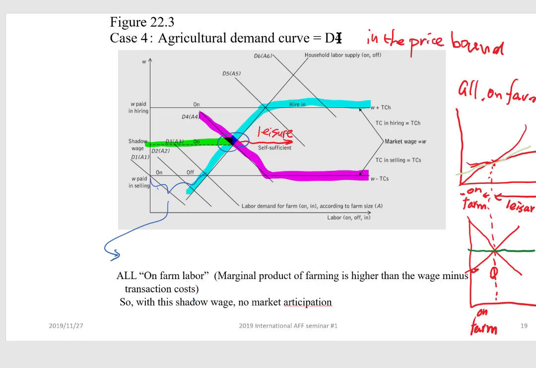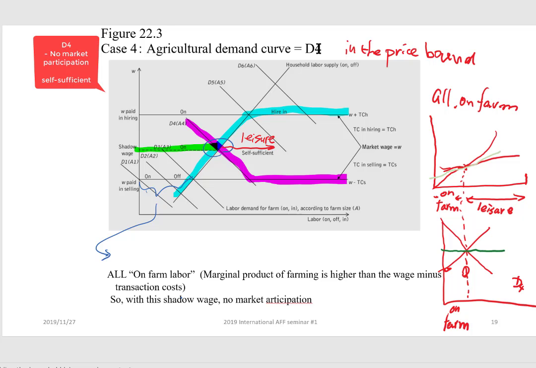Then what about D4? D4 is the focusing point, and it is quite an important case, in which the shadow price, the shadow wage, is obtained by their own household labor supply and household labor demand.